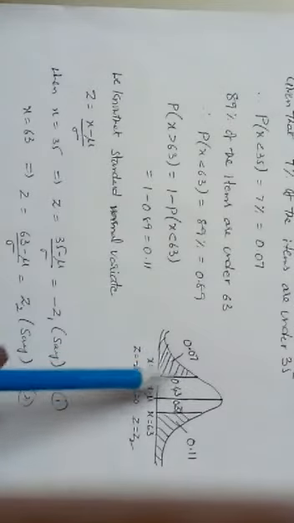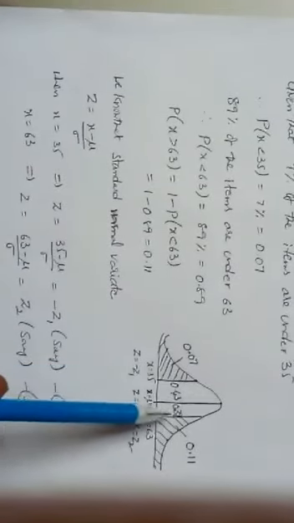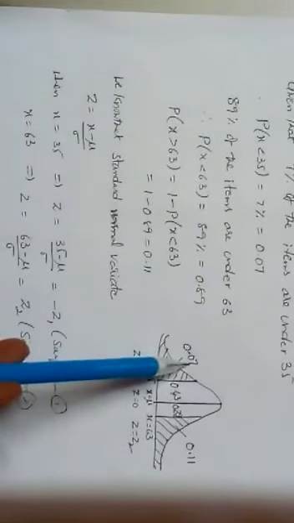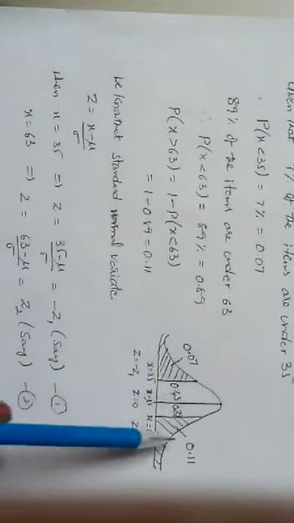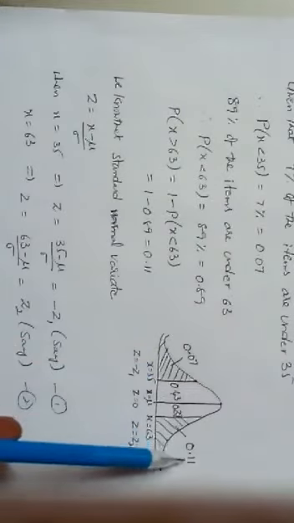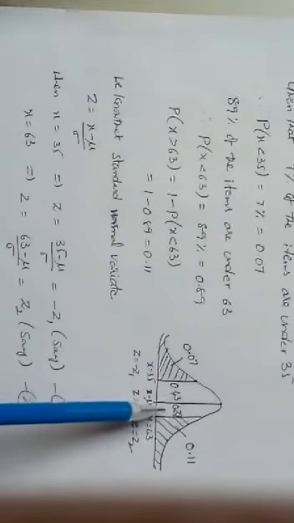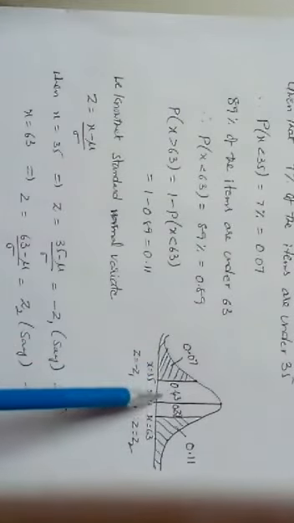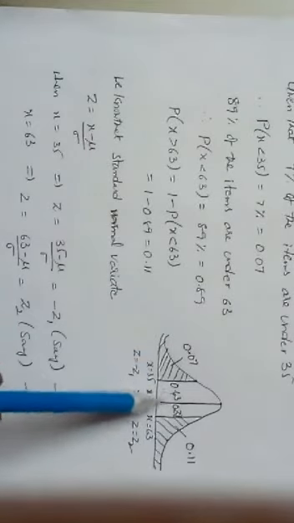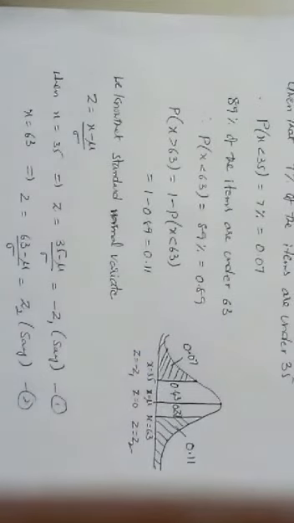So this is symmetrical, so this part is 0.5 and this part is also 0.5. So 0.5 minus 0.07 is 0.43, and here 0.5 minus 0.11 is 0.39. So these areas of unshaded I have written on the curve.